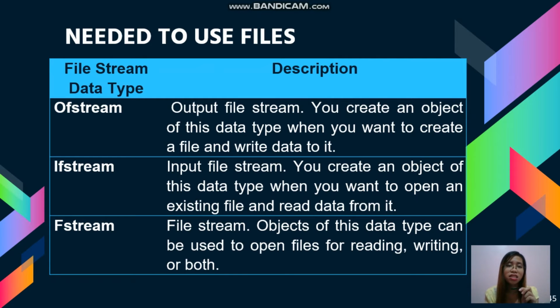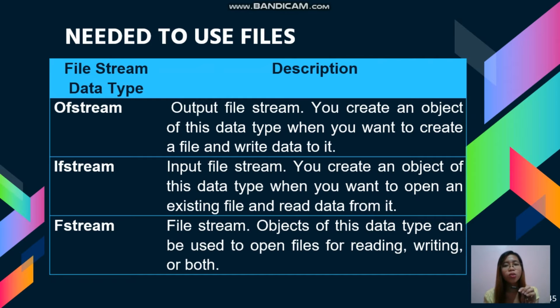The next is the input file stream, or ifstream. You can create an object of this data type when you want to open an existing file and read data from it. Notice the difference between ofstream and ifstream. With input file stream, you read data coming from an existing file. Let's use the earlier case. You finished encoding the names and stored them in a file.